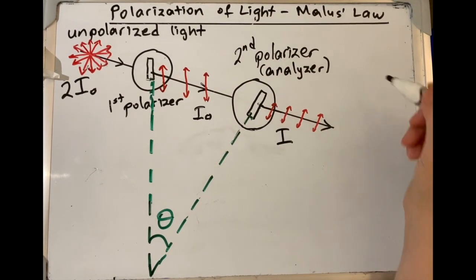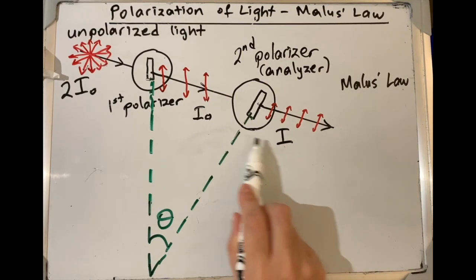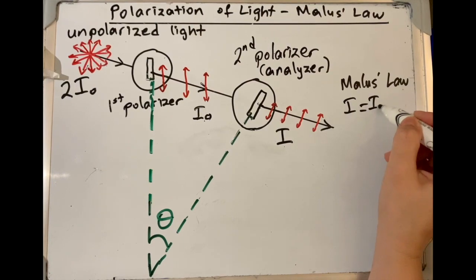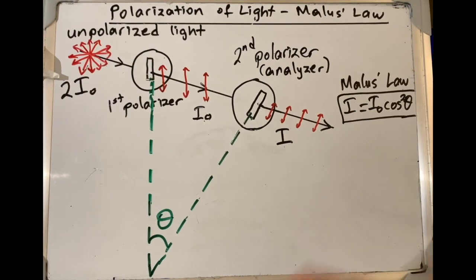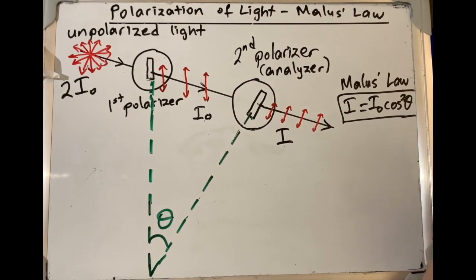And Malus's law gives us the relationship between the I and this I0, which is given as such. So this is given in the data booklet: I equals I0 cosine squared theta.